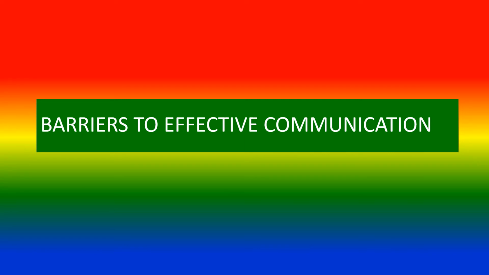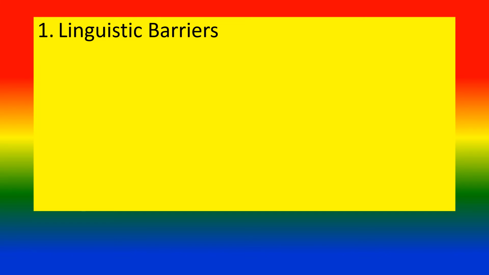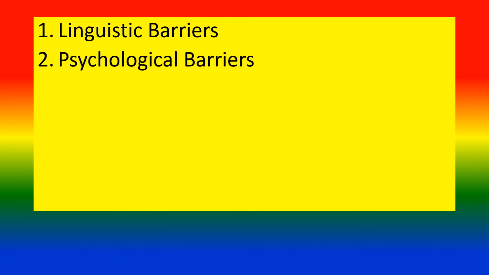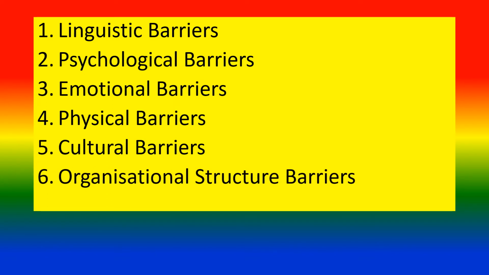Barriers to effective communication. One, linguistic barriers. Two, psychological barriers. Three, emotional barriers. Four, physical barriers. Five, cultural barriers.